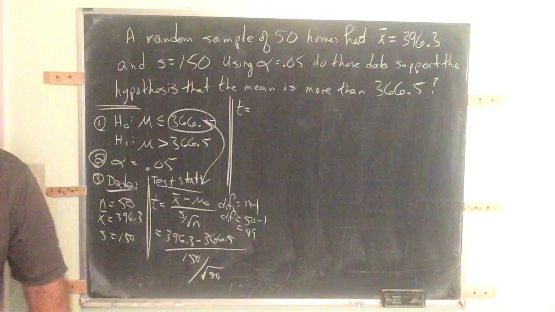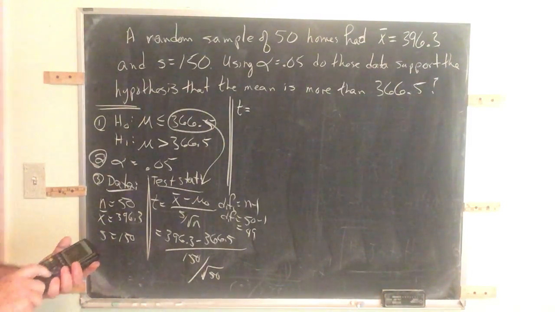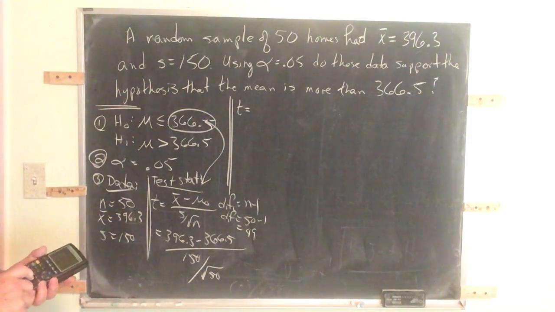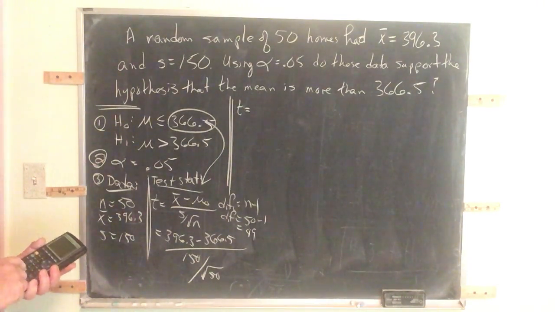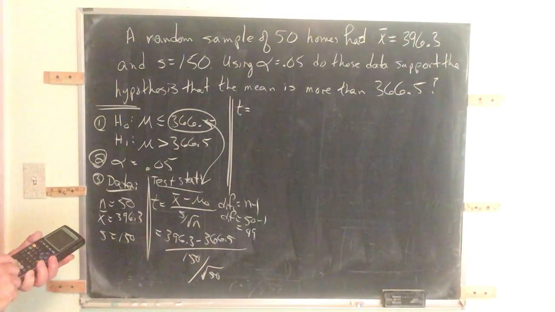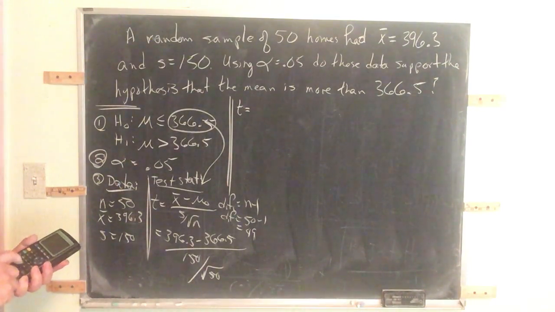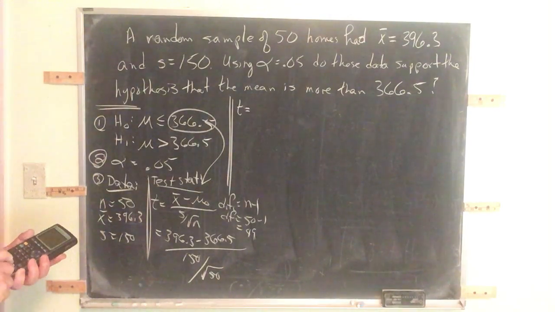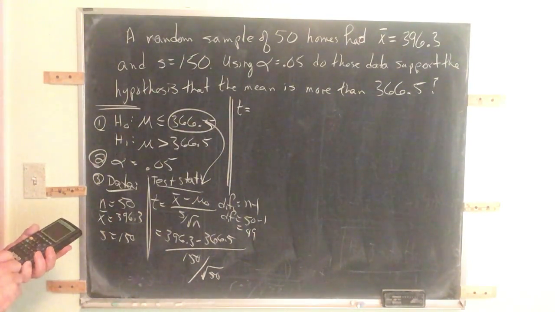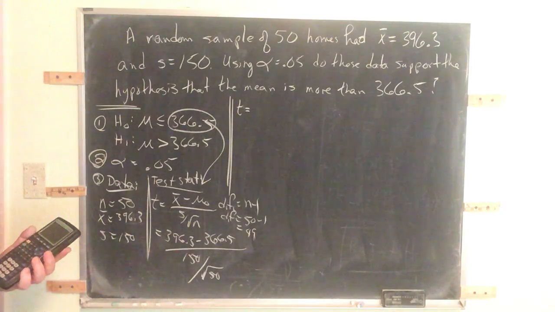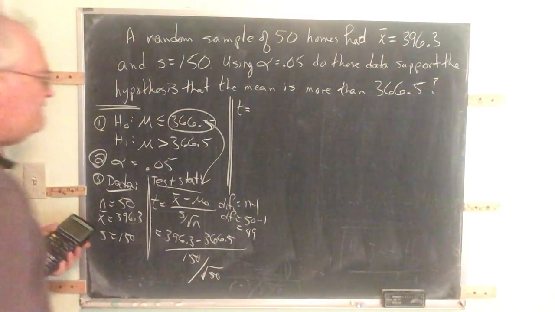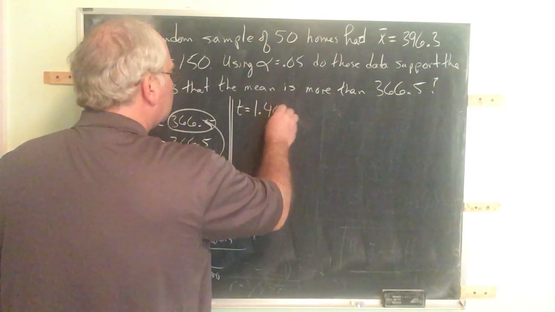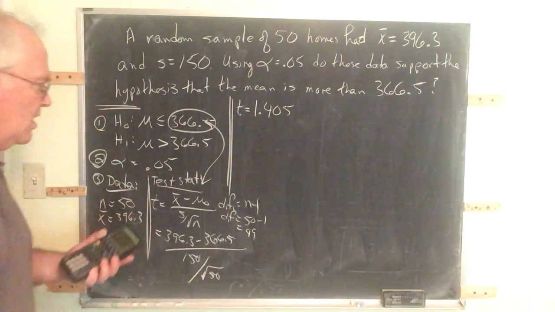And so let me see if I can do my computation this time. I have, here we go, open parenthesis, 396.3 minus 366.5, close parenthesis, divide by, open, 150 divided by the square root of 50, close parenthesis twice, and I have 1.4047.